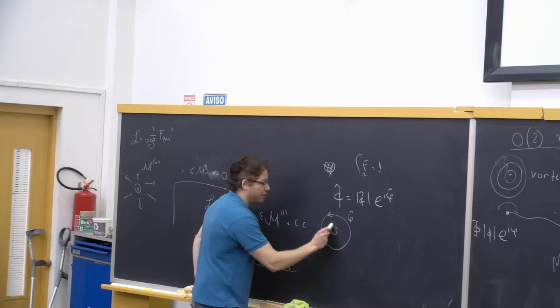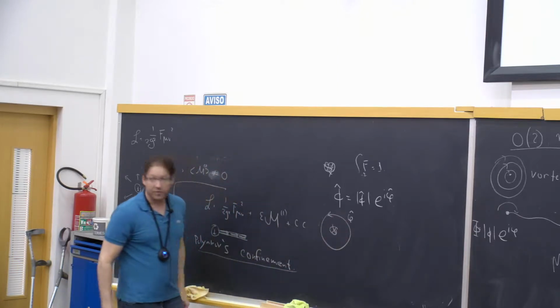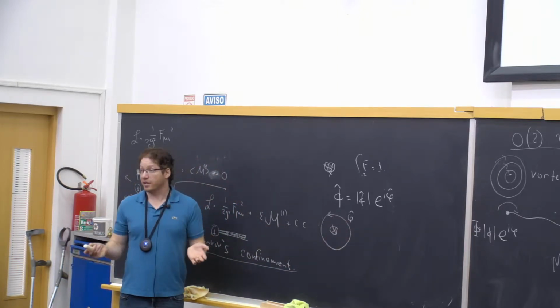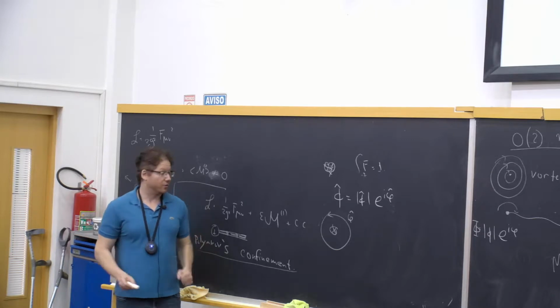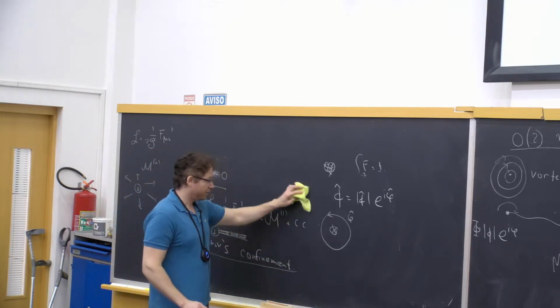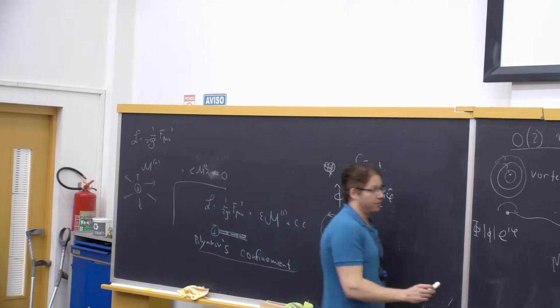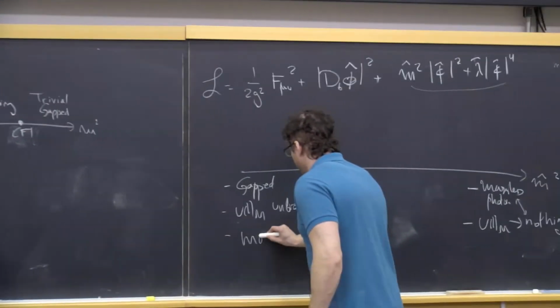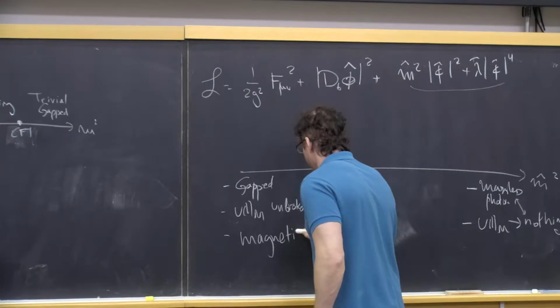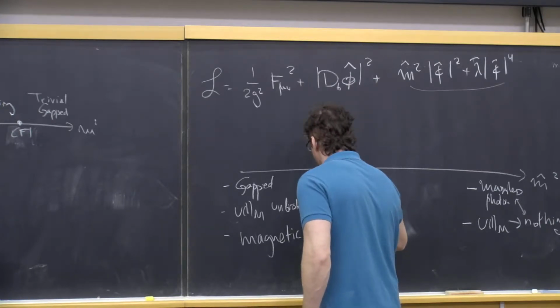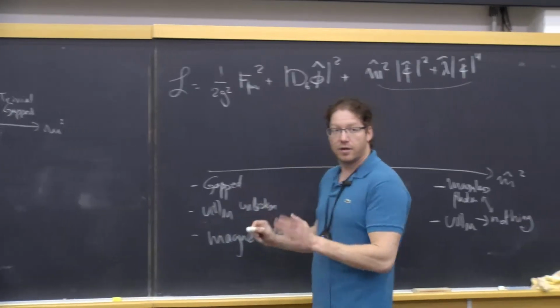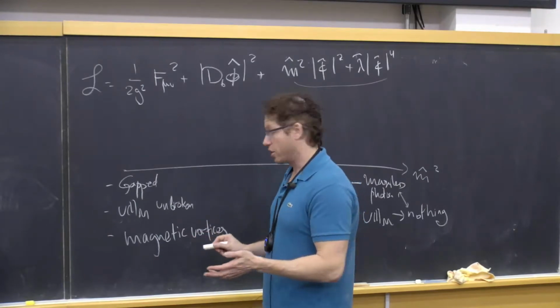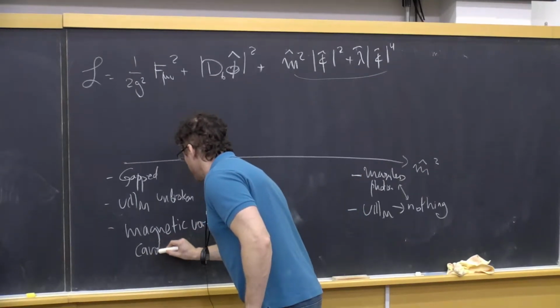So it turns out that in this case, these vortices actually have finite energy. So there are magnetic vortices here. U1 M is unbroken, and we have magnetic vortices. Okay, the magnetic vortices carry U1 magnetic charge. Now I'll explain why they exist.